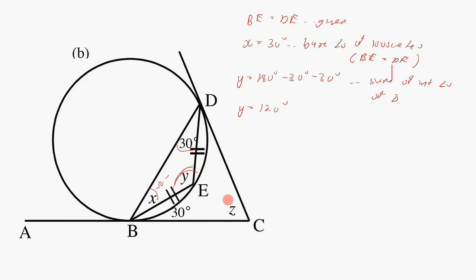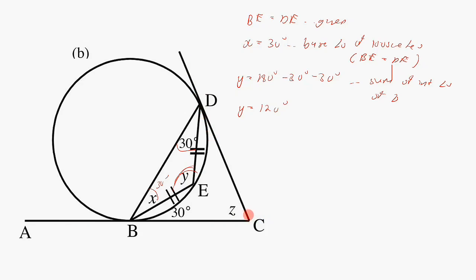Then to look for Z, remember you cannot say this is angle at center twice the angle at the circumference, because we can see that Z here is outside and Y here is at the circumference, not at the center. Then how are we going to find Z? Let's use our theorem number 8 now, that says tangents drawn from the same point will be equal.